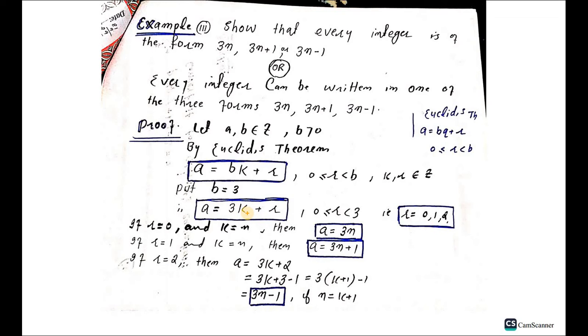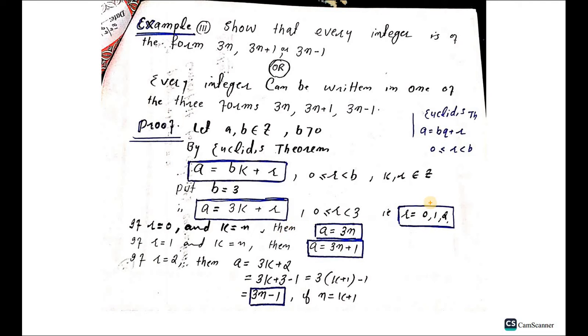Here k is the quotient, 3 is the divisor, and r will be less than 3 and greater than or equal to 0. So the values of r are 0, 1, 2.